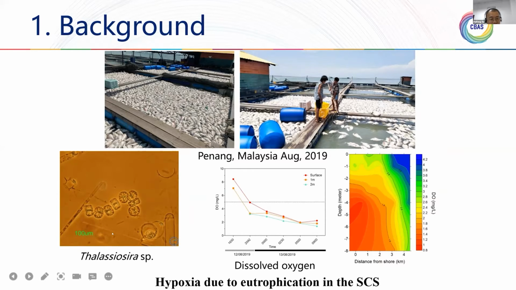The diatom Skeletonema is responsible for the bloom, and we can see the dissolved oxygen declined to very low, about 2 milligrams per liter during the night. The hypoxia area was only found near shore, but not offshore, about 4 kilometers away from the coast.